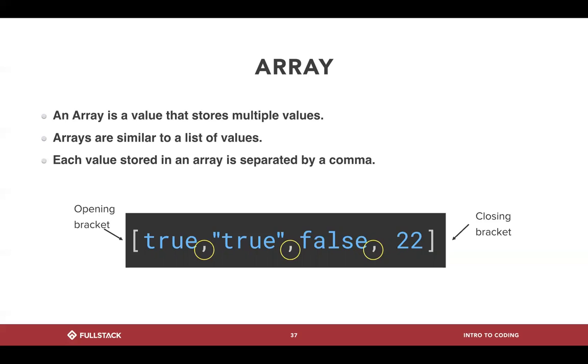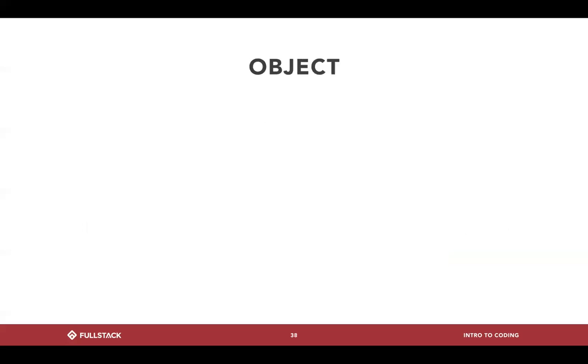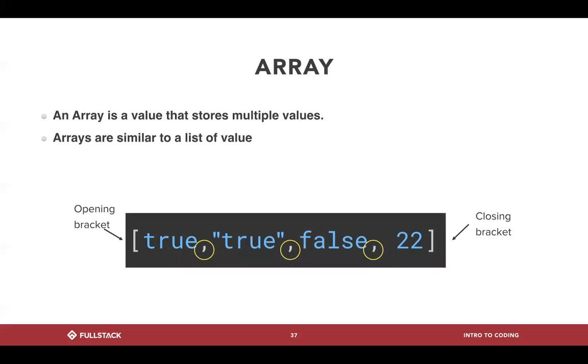Each value stored in an array is separated by a comma. And then just a little extra here, you can access these by index. So if you're in the Googling mood, you can Google access elements in an array by index.